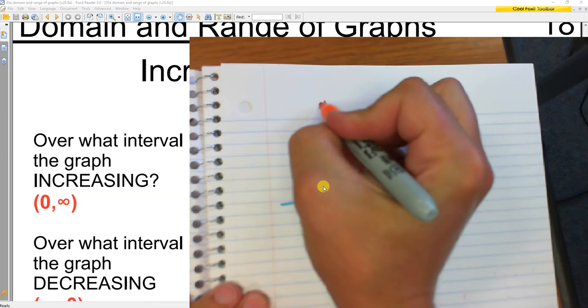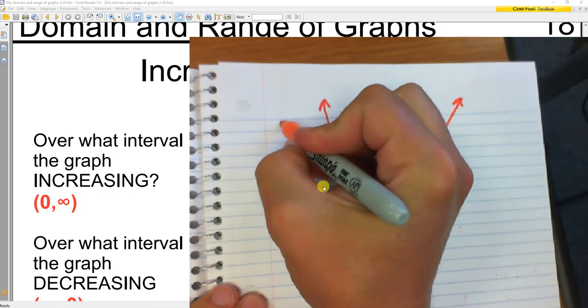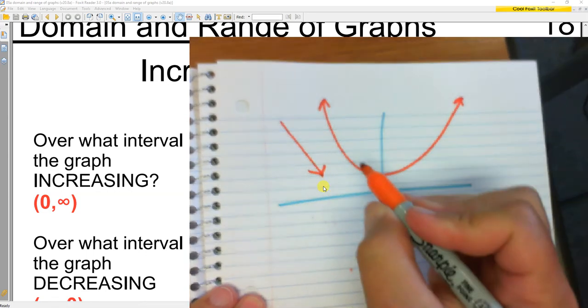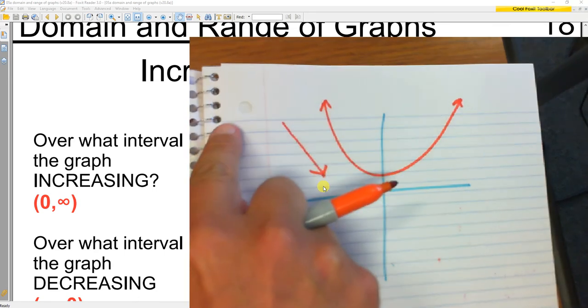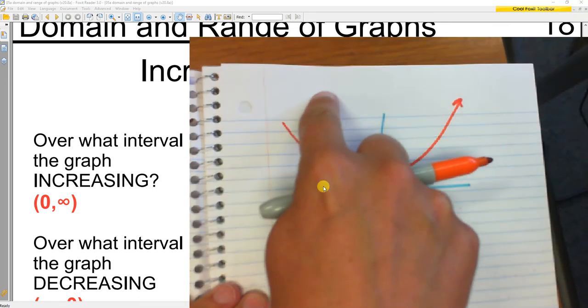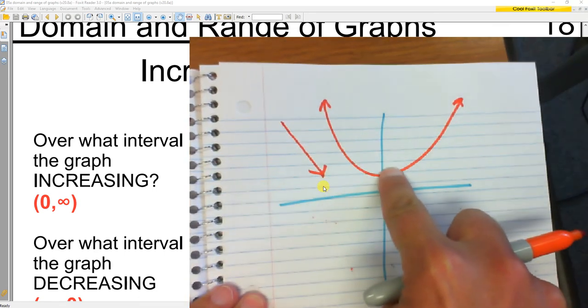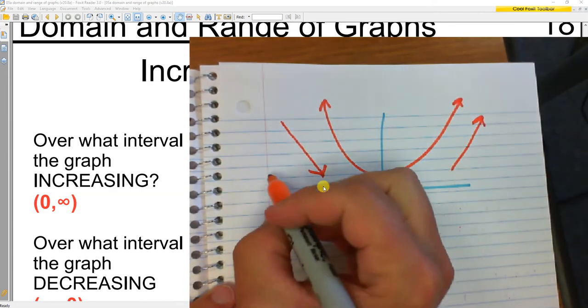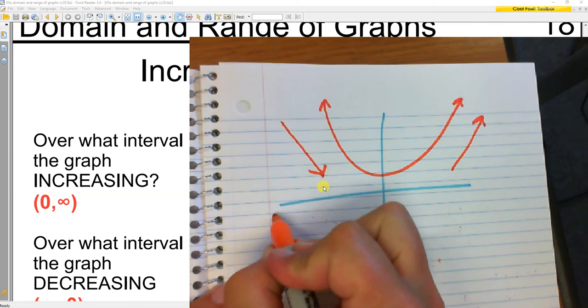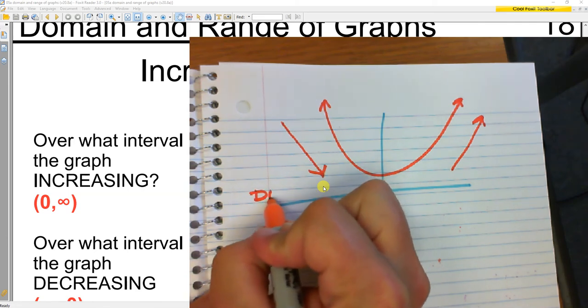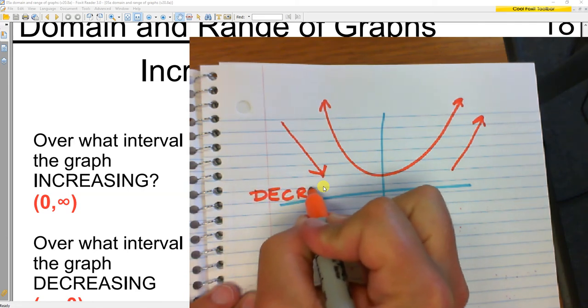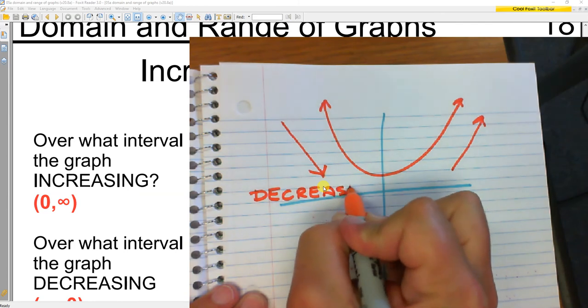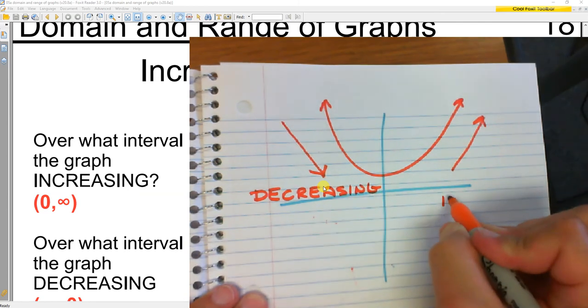We'll put a parabola on it. This is decreasing. We read a graph from left to right. So as I read this, it's going down. And then as I keep reading, it's going up. So this is decreasing. And over here, it's increasing.